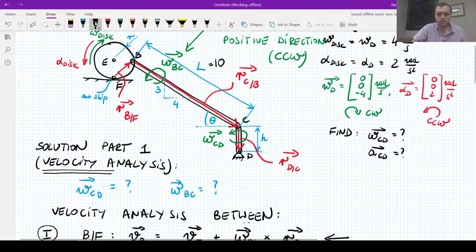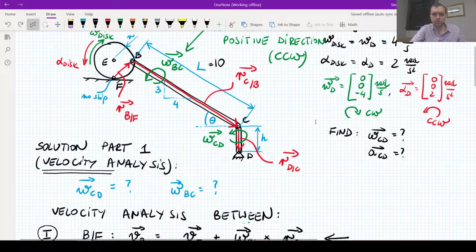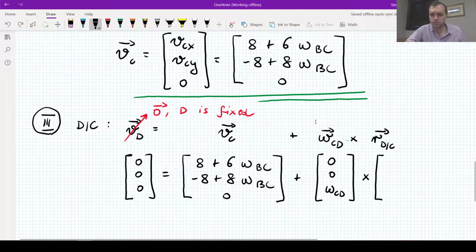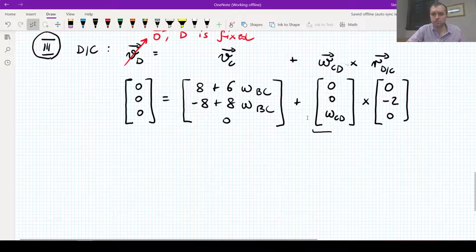Let me scroll up the board just because I need to remind myself where that vector was. Oh, it's in here. It's this short vertical vector. Yes, and I believe that components of RDC will be 0, minus 2, 0. Okay, let us solve this determinant.